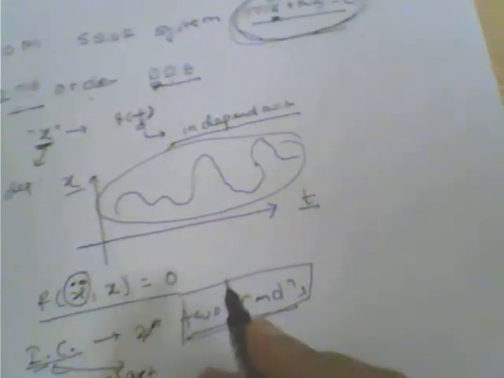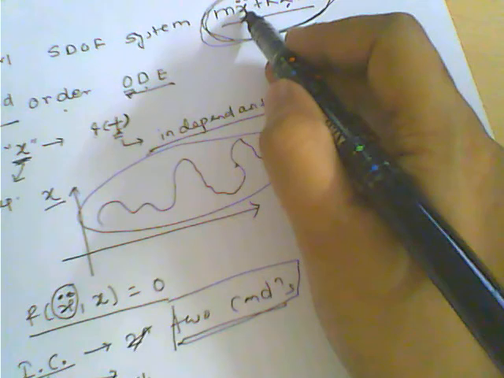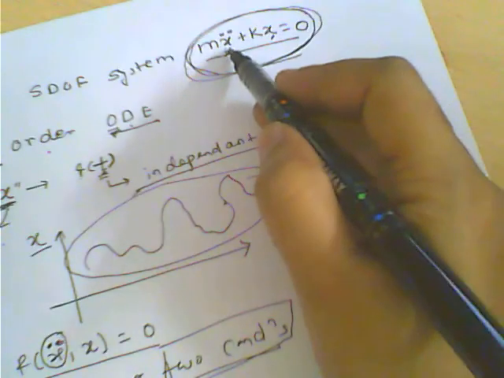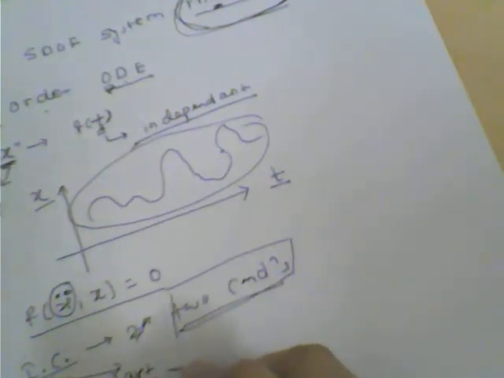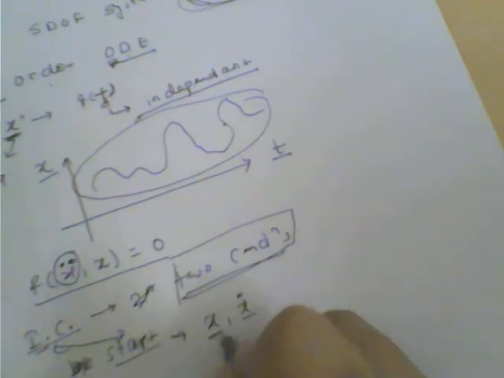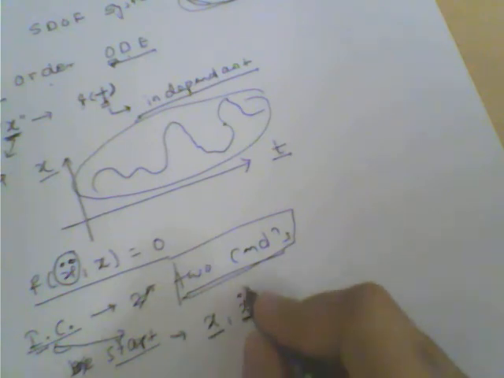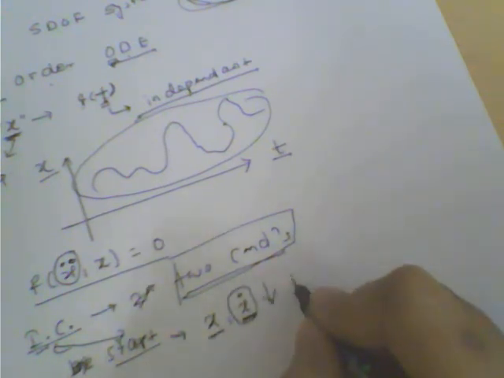Since the equation has the highest order derivative which is second order, you are going to need two conditions, and those will be on x and x dot. That is, on the primary variable x, and one derivative of it, one order lesser than what appears in the differential equation.